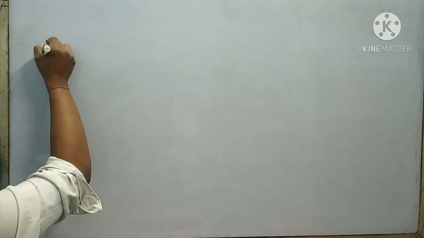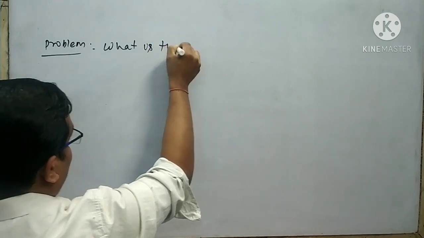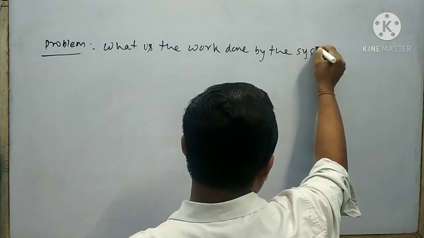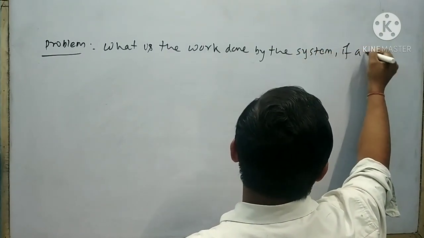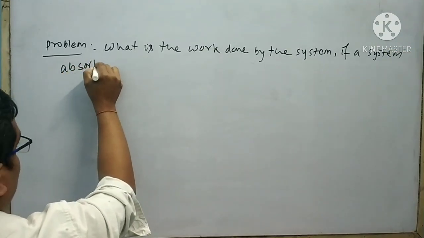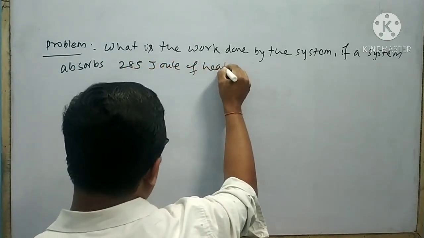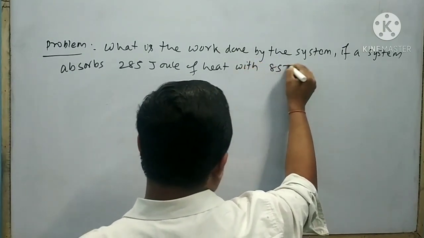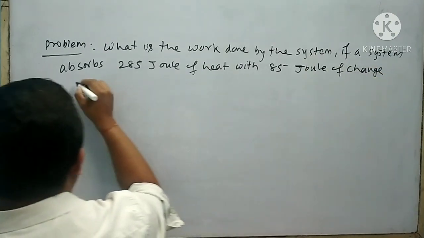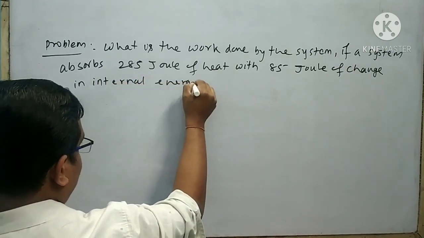Now I want to do another problem. What is the work done by the system if a system absorbs 285 joule of heat with 85 joule of change in internal energy?